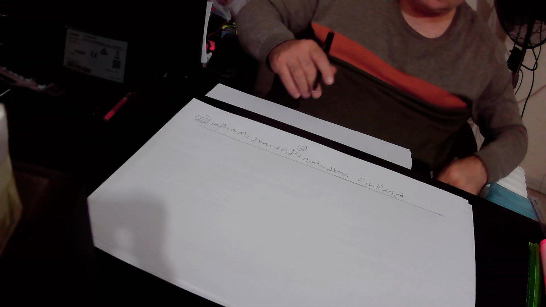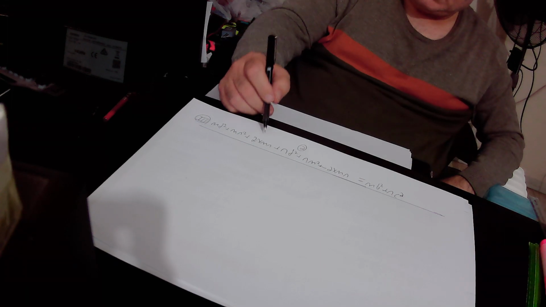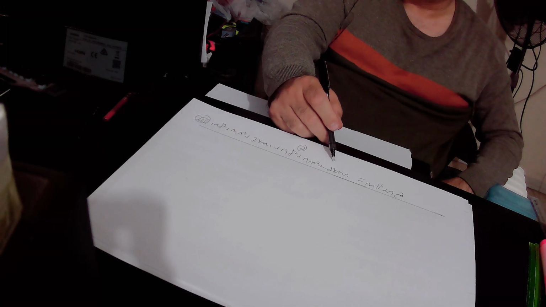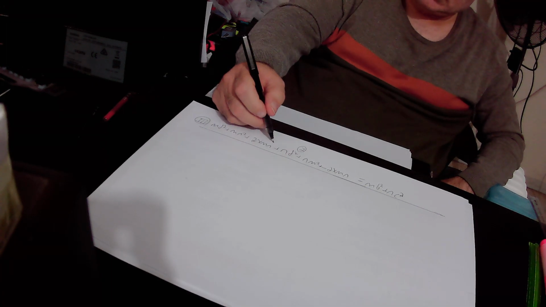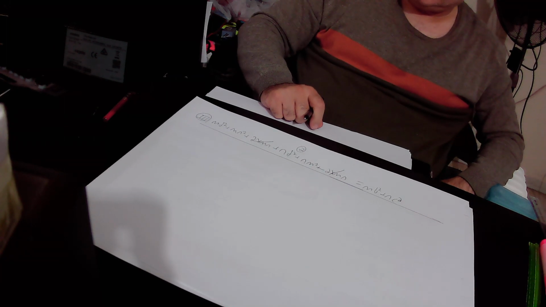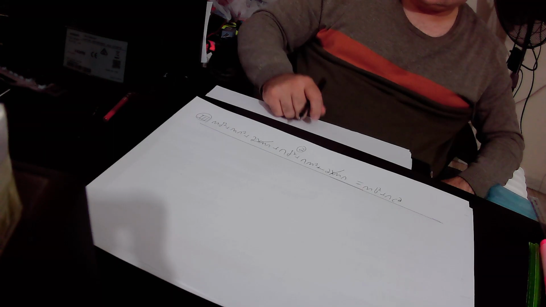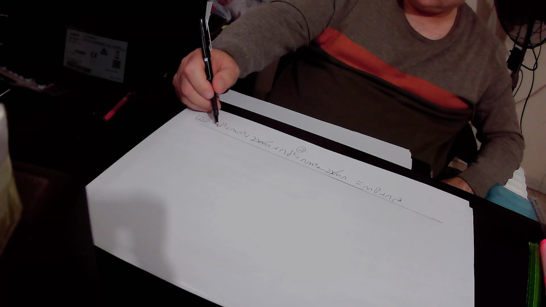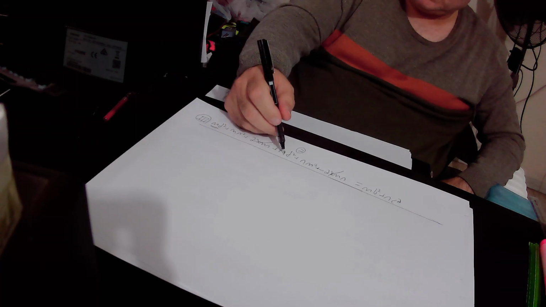So here we have plus 2xmn minus 2xmn is 0, so those two expressions will get cancelled. In the next step, we take out d square as a common factor from md square and also from nd square.